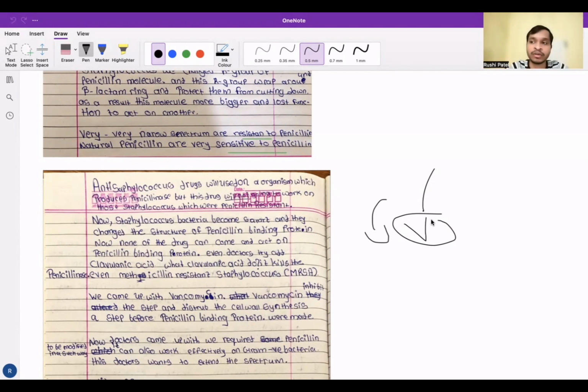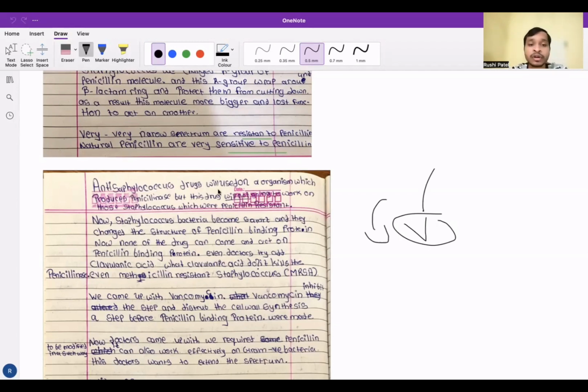We discussed in the previous video about the anti-staphylococcal drugs. So I just want you to know this: the anti-staphylococcal drugs will not work on methicillin resistant staphylococcus.